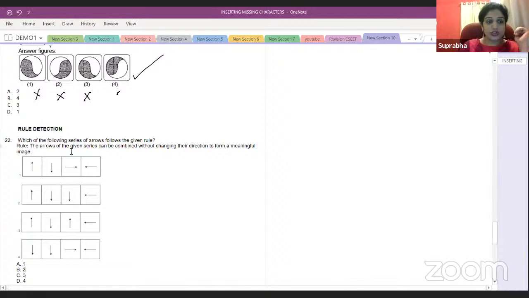So here in question number 22, the first rule is: the arrows of a given series can be combined without changing their direction to form a meaningful image. So you should not change the arrow's direction, but you have to combine them in such a way that it will give you a meaningful image. So which one, if you combine, will give you the meaningful image?